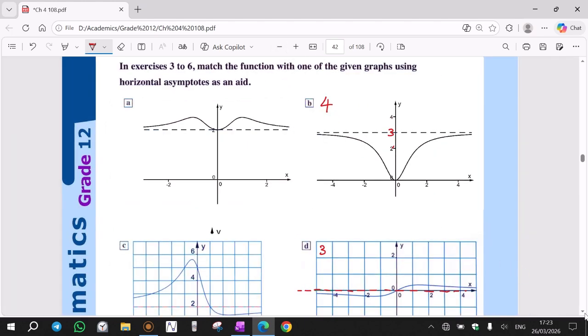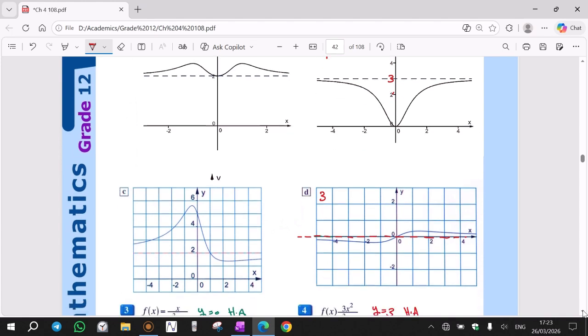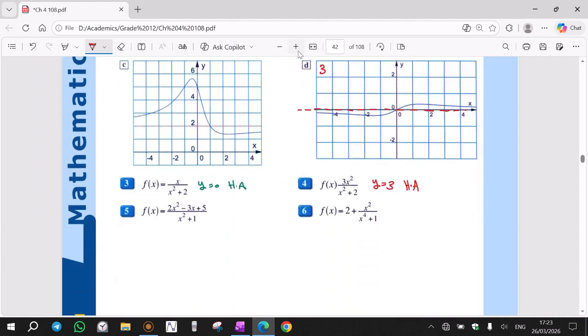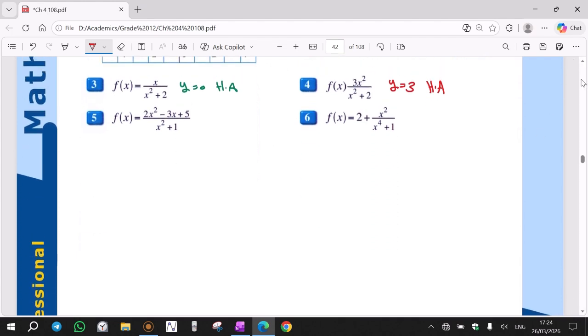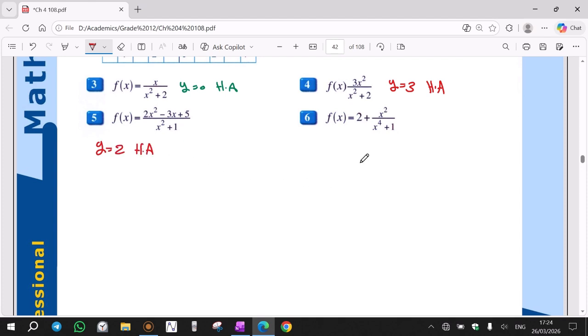Now A and C are remaining with two equations of 5 and 6. Number 5, horizontal asymptote is 2. Y equal to 2 is horizontal asymptote. Number 6, y equal to 2, this 2 is horizontal asymptote.